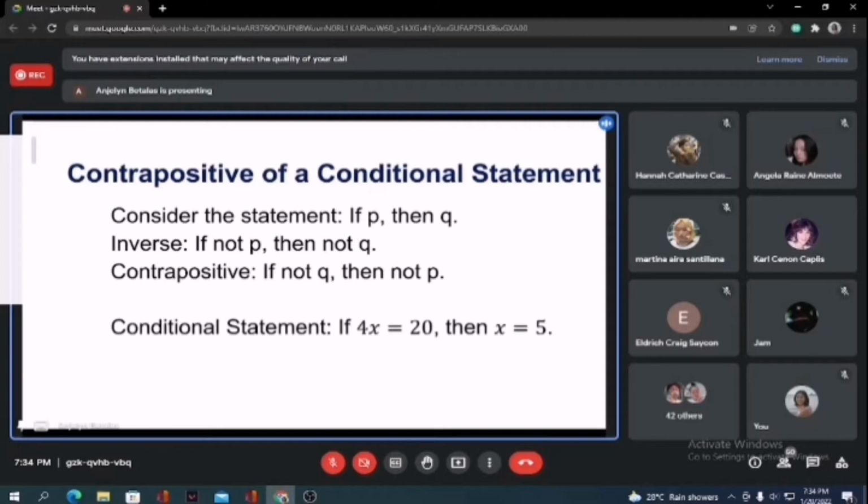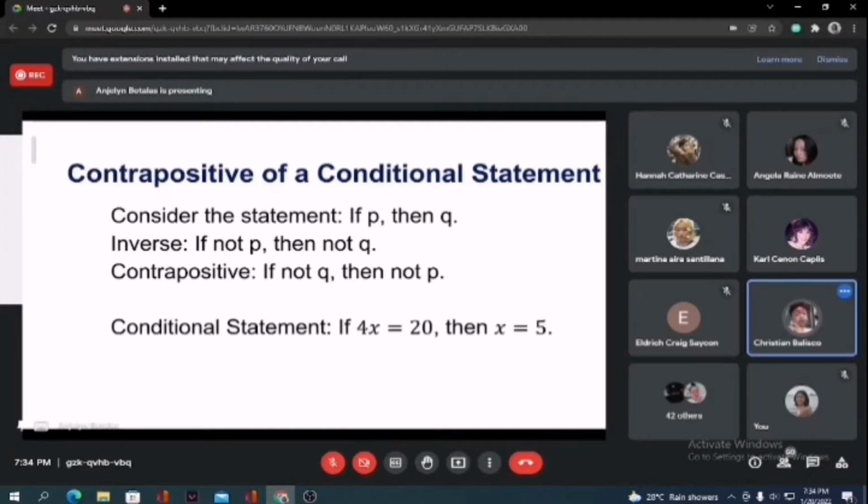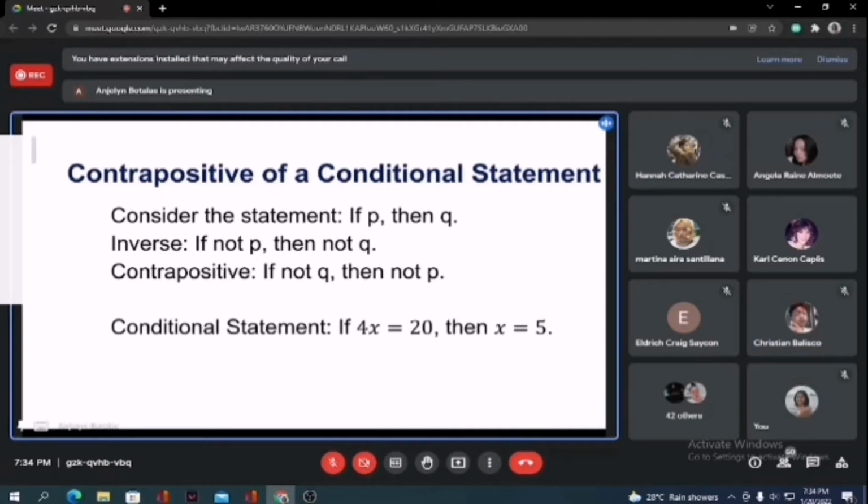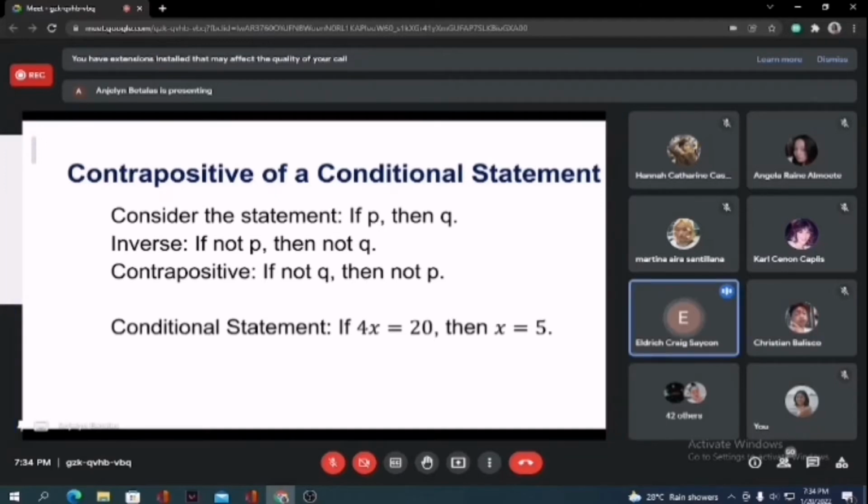Okay, example. If 4x equals 20, then x is 5. So what would be the contrapositive? Okay. If not x equals 5, then not 4x equals 20. Okay. Other answer? Hapit na, class. If 4x is not equal to 20, then x is not equal to 5.